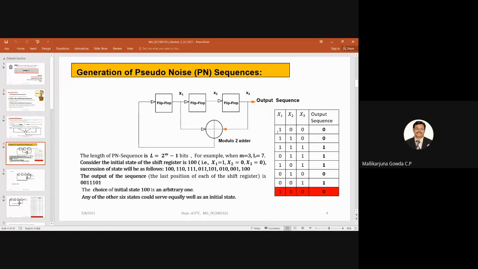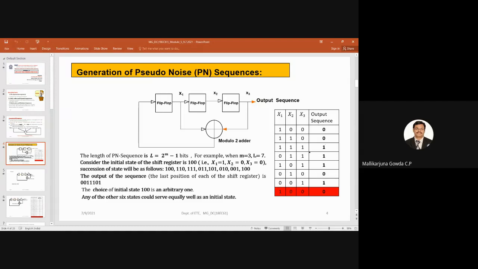And even the initial state of the flip-flops can be taken as any one of these 7 states, okay? So with the initial state as 1 0 0, this is what the output sequence is. That is 0 0 1 1 0 1, my PN sequence. If I take the initial state as 1 1 0, then my PN sequence will be 0 1 1 0 1 0, okay?